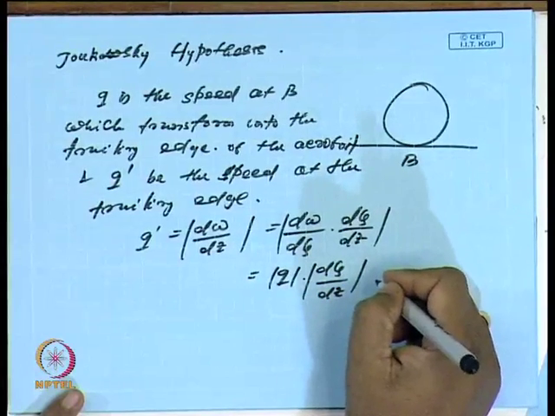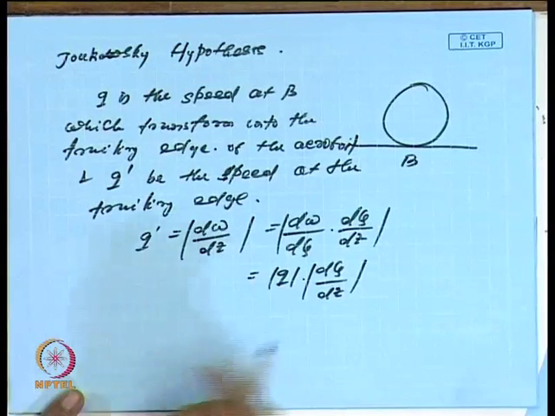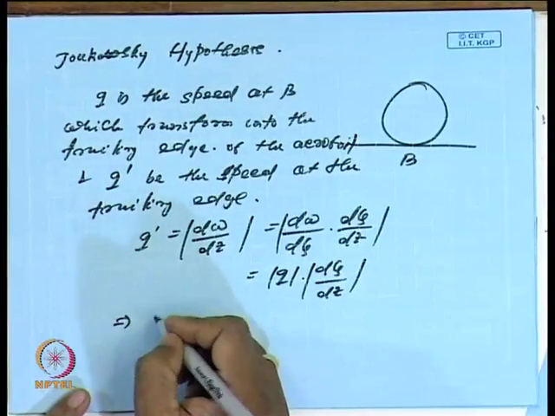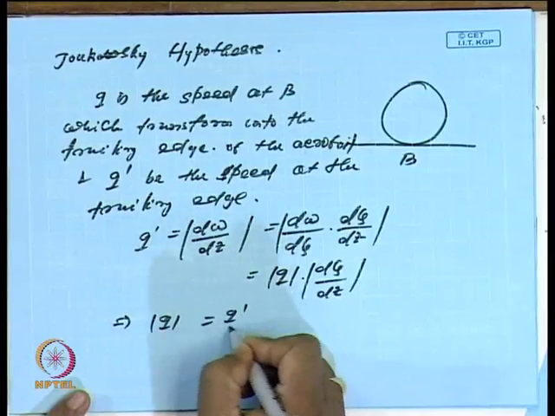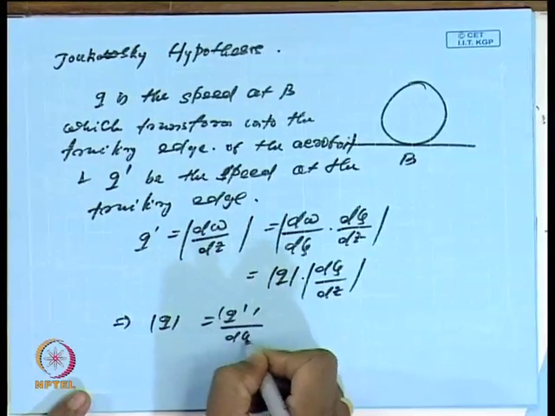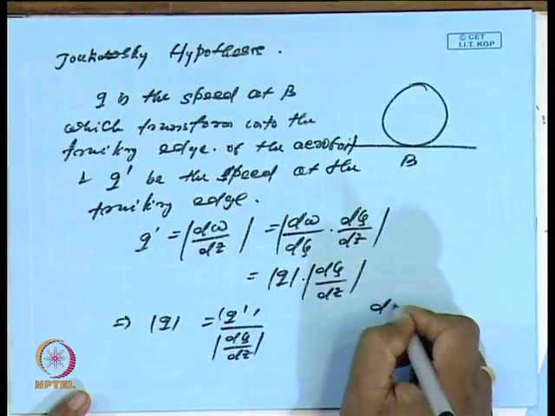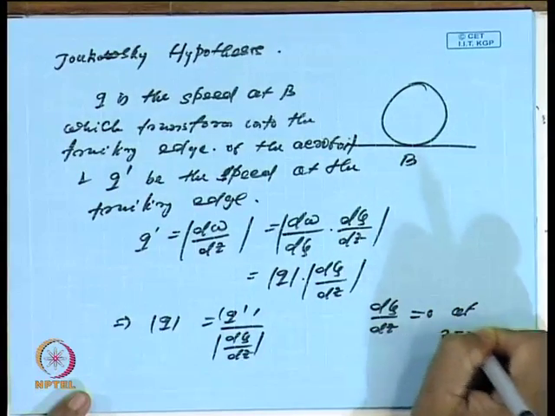So this implies q will be q prime by d zeta by dz, and we have seen d zeta by dz is 0 at z is equal to minus b.